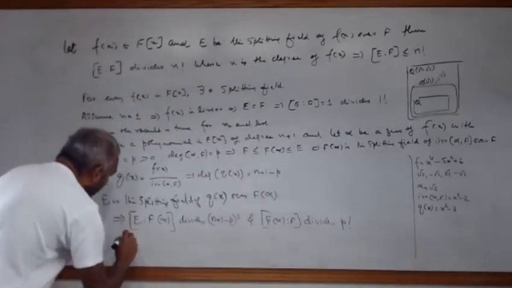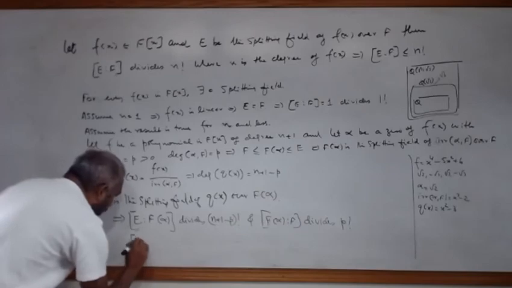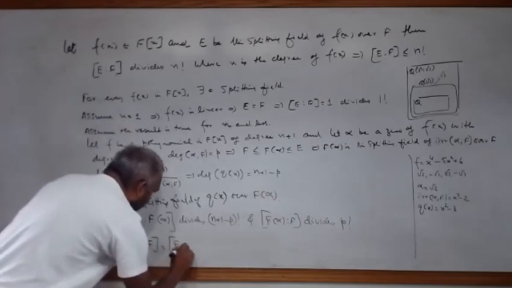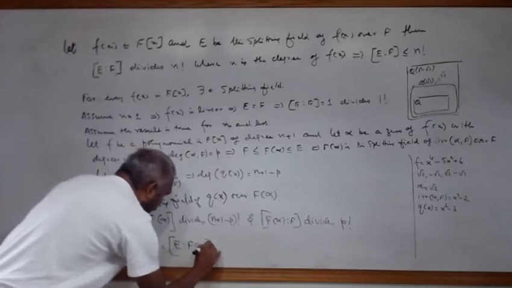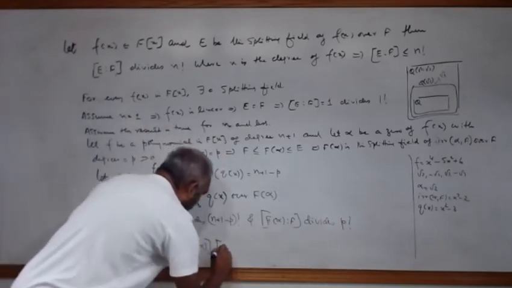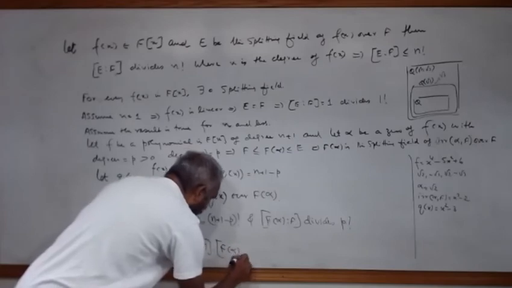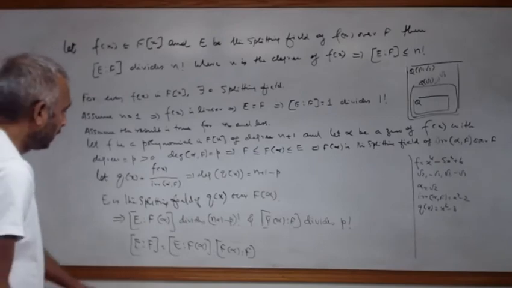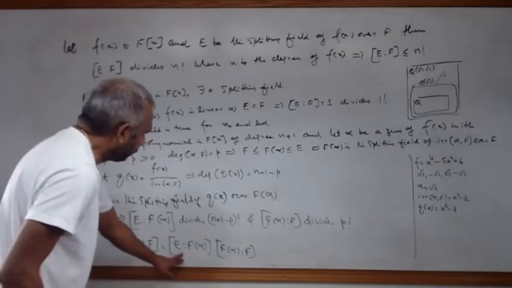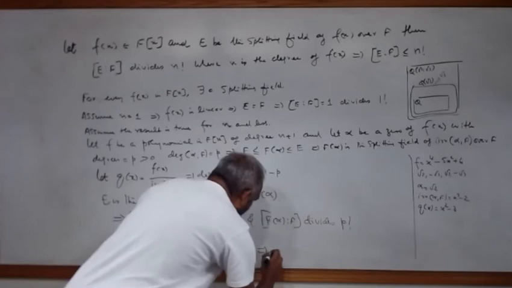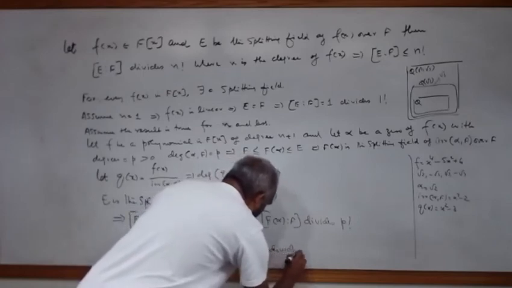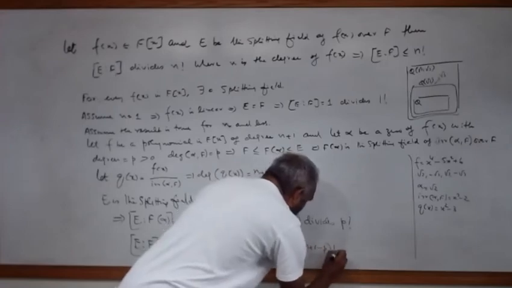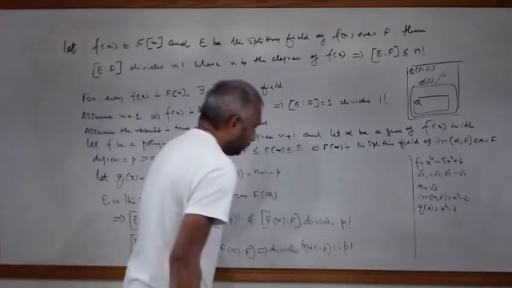But we know that [E:F] is equal to [E:F(alpha)] times [F(alpha):F]. This divides, so this implies divides n plus 1 minus p factorial times p factorial.